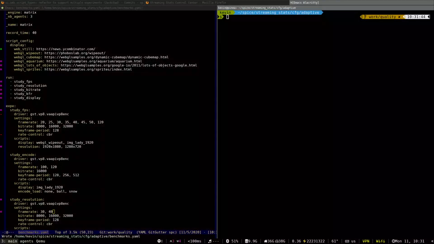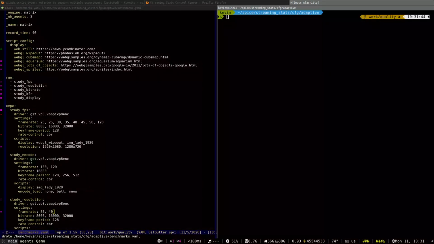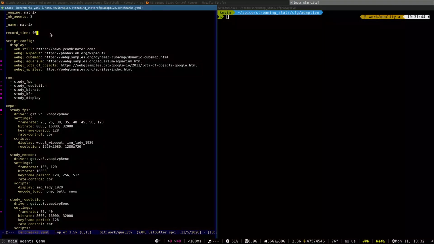The idea of the benchmarking mode is to run different workloads on the VM, different things on the screen, and apply different sets of parameters and understand how one setting affects the resource usage and another setting will change it. So here we see that we will record for 40 seconds.